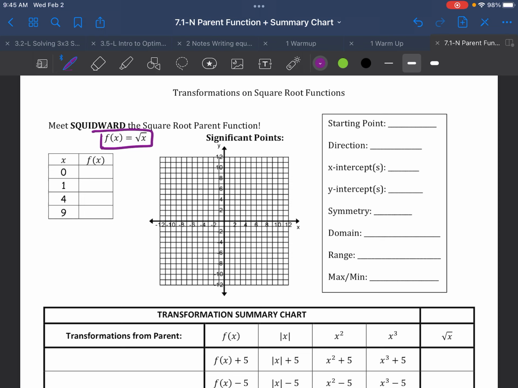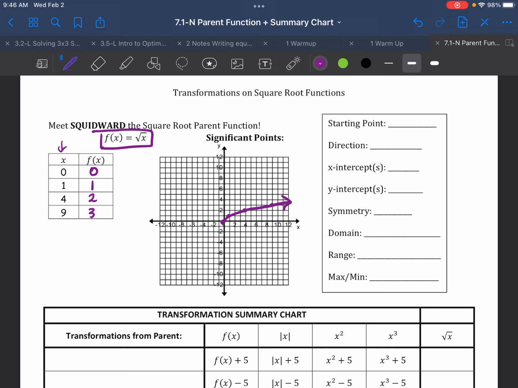And so if I were to plug in these x values over here, square root of 0 would give me 0, square root of 1 would give me 1, square root of 4 is 2, square root of 9 is 3. And so when I plot these points, I have the points (0, 0), (1, 1), (4, 2), and (9, 3). And so he looks like this.